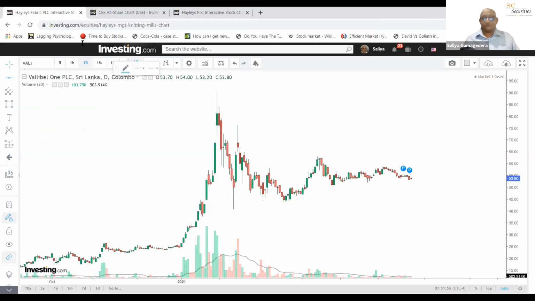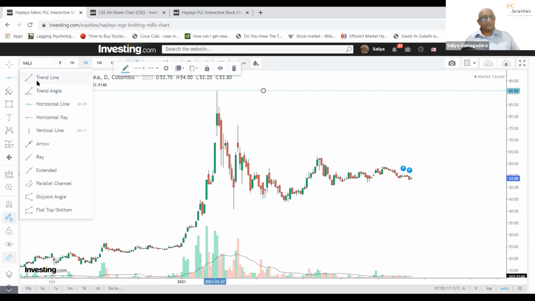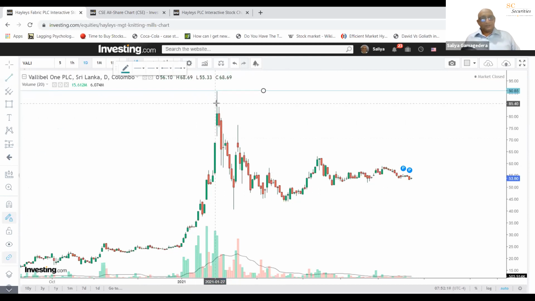But nevertheless, we will be plotting these swing highs and the swing lows and figure out what the important, strong support and resistance lines are, right? So I'm using this swing high. Then again, I'll be using this swing high. First of all, let's look at the swing highs, this swing high.